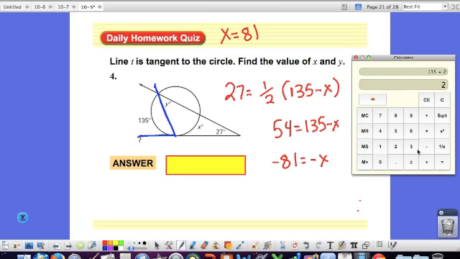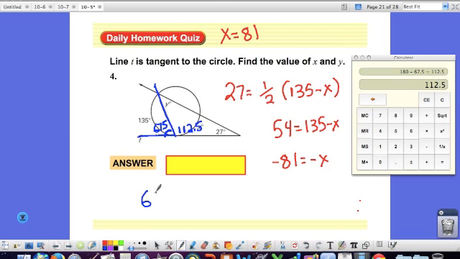So 135 divided by 2 is 67.5. That's that measure there. So over here, 180 minus 67.5 is 112.5.